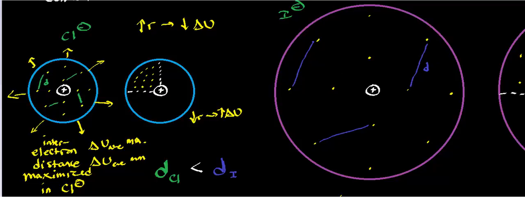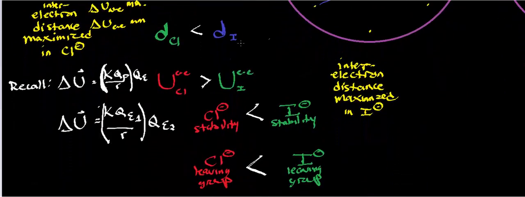So here's ultimately the key. We're going to do a little comparison. We're going to recall these identities right here. Which has a larger distance between electrons? This is the inter-electron distance, iodide or chloride? Well, it's iodide. It has a larger electron distance, which means which one has the lowest electron-electron potential energy?